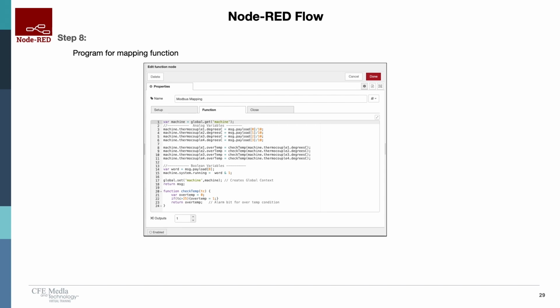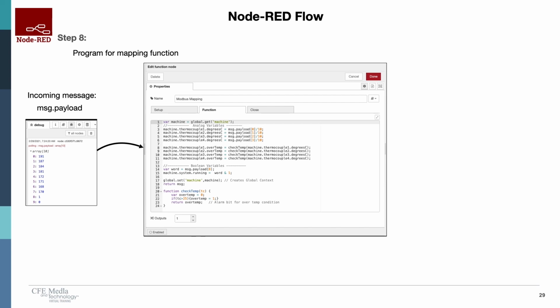So what we're first going to do is get that global object called machine, the global variable, and then it inherits all of the sub properties of it. Now that we've brought that variable in as something called machine, we can assign the value of machine.thermocouple1.degreesC as the value that we are passing from the Modbus registers.